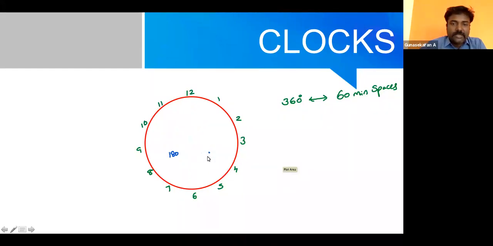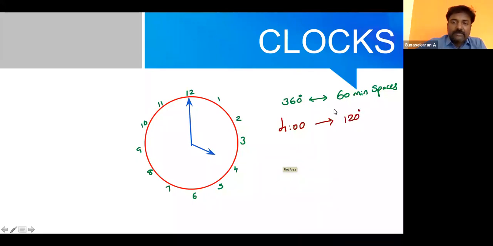With that understanding, at 4 o'clock, what is the angle between minute hand and hour hand? 120.